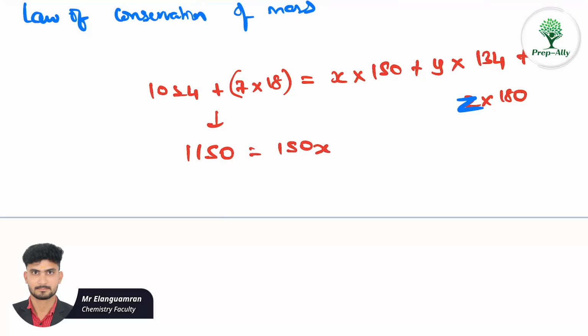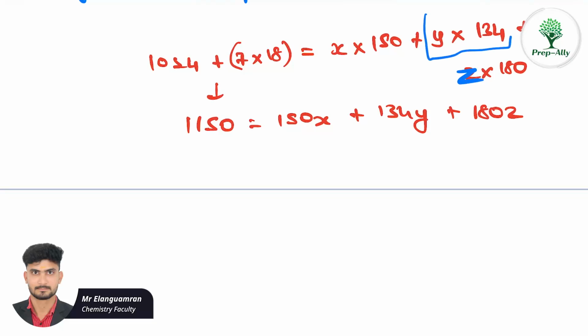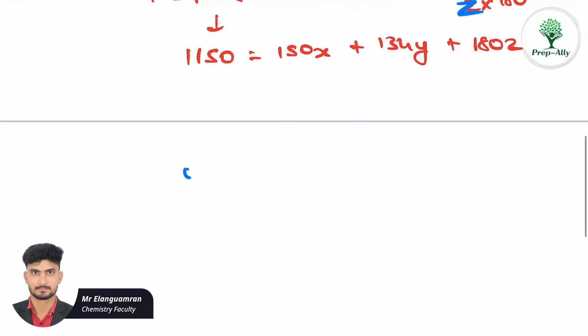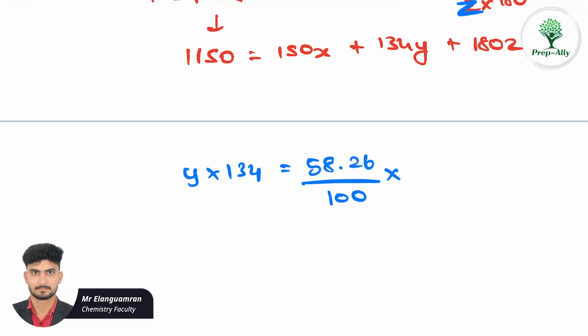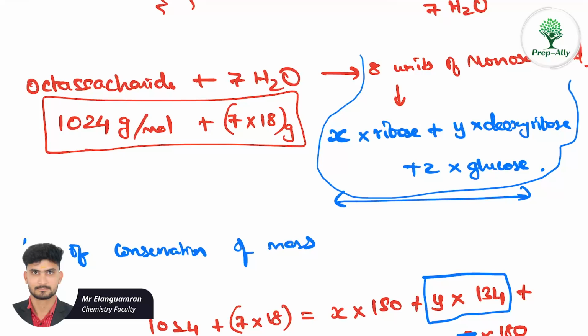It is equal to 150x plus 134y plus 180z. What they have given is deoxyribose, so Y into 134, this much deoxyribose weight will be equal to 58.26%. I can write it as a fraction of 1150. 1150 is the whole value, right?